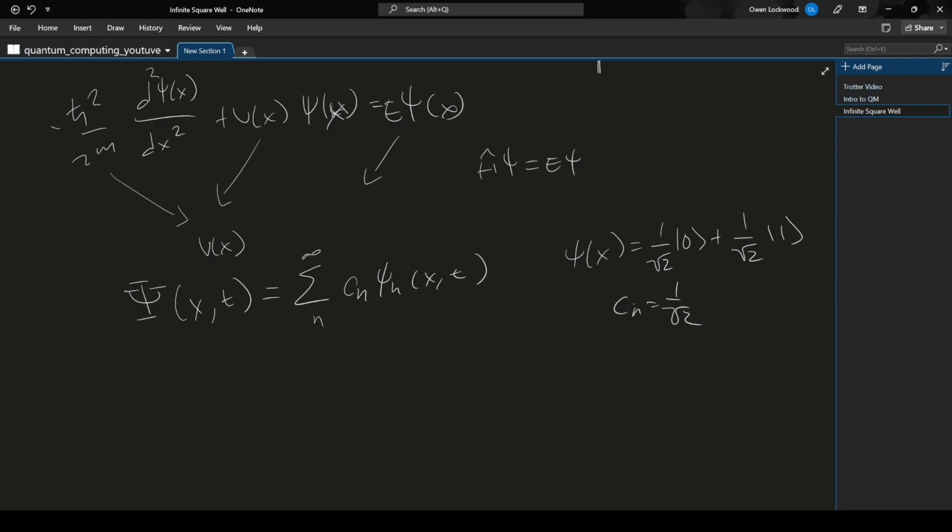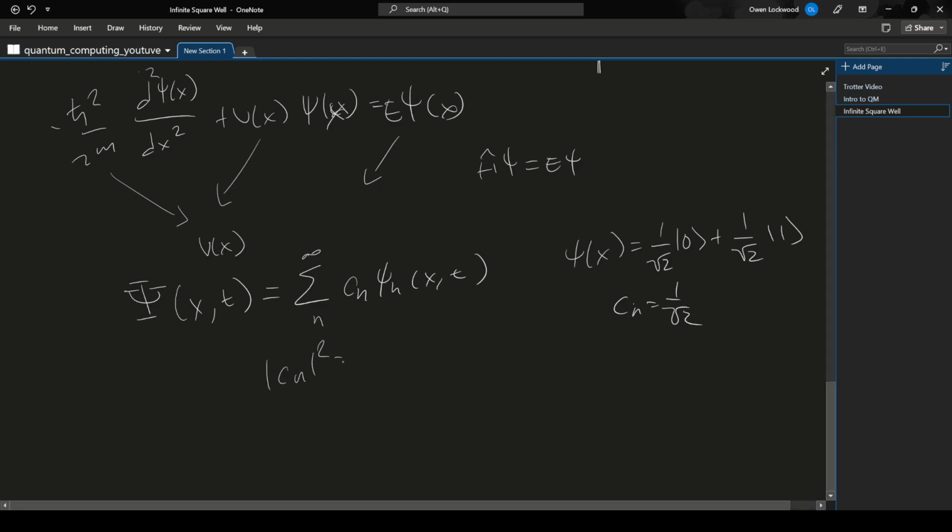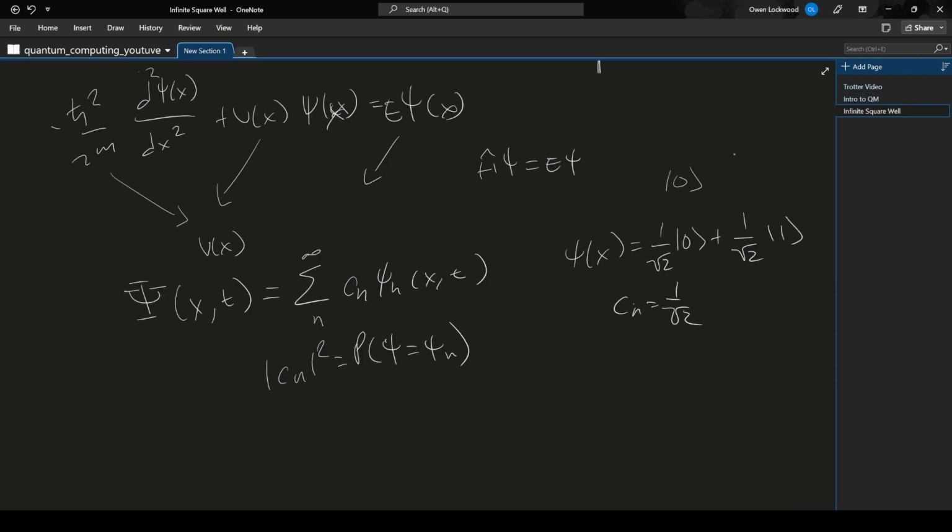Now that's straightforward, but keep in mind in the continuous case where we're not dealing with these discrete states and we're not dealing with a finite number of these discrete states, we have an infinite spectrum here. And so we can see that the c of n squared is the probability that this big wave function equals this wave function n. And that's the same thing over here, right? The probability that this will, upon measurement, equal 0 is 1 over square root of 2 squared, which is 1/2.